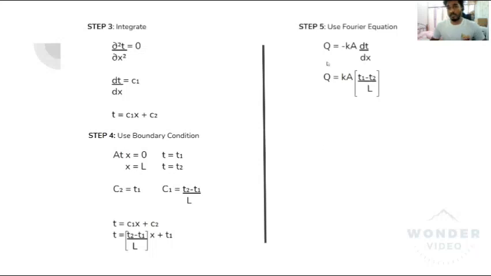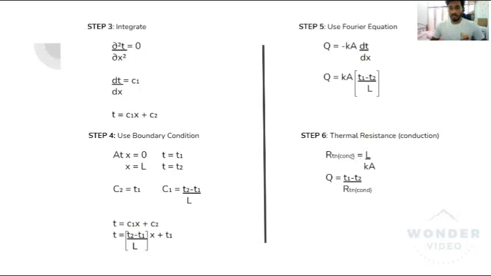The fifth step is using the Fourier equation. The Fourier equation says that heat loss equals negative K times A times dT over dx. If we replace dT over dx with the previous C1, we get T1 minus T2 over L. Step 6 is using thermal resistance to get the heat loss.